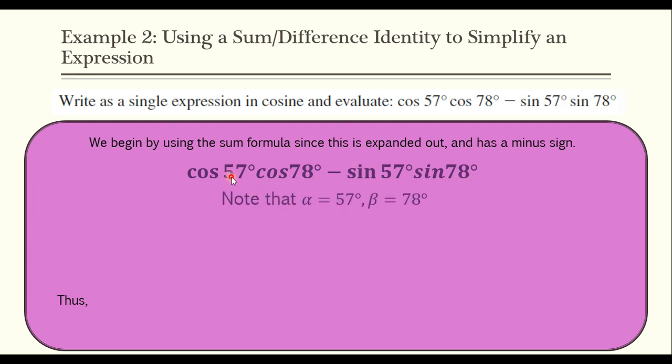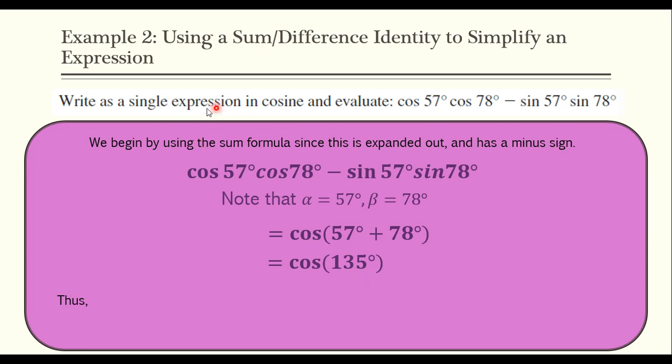This number comes first, so that's alpha. Alpha is 57 degrees, beta is 78 degrees. Using the sum formula, cosine of alpha plus beta, I have cosine of 57 plus 78, and 57 plus 78 is 135, so cosine of 135.